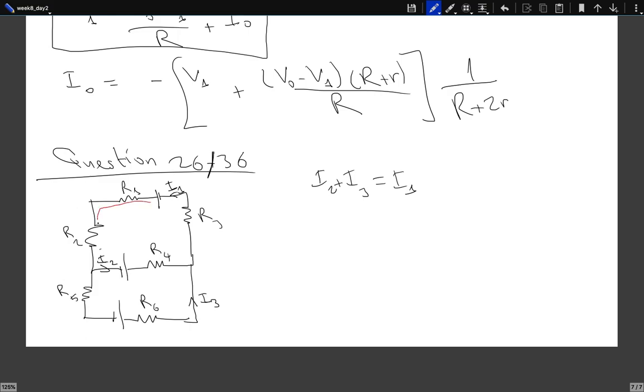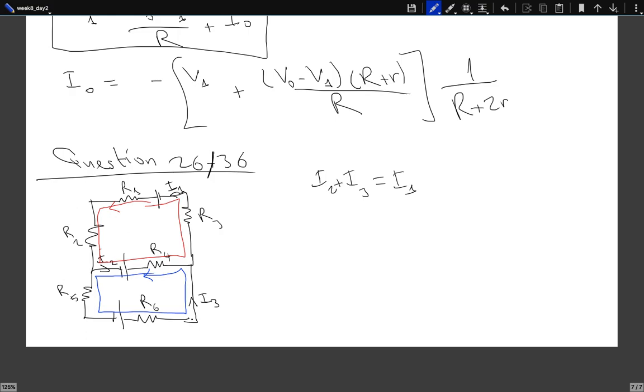Let's say this is one of my loops, and the other loop is this one. You can just choose whichever loops you like. Let's start with the red one. Let me start from this point.